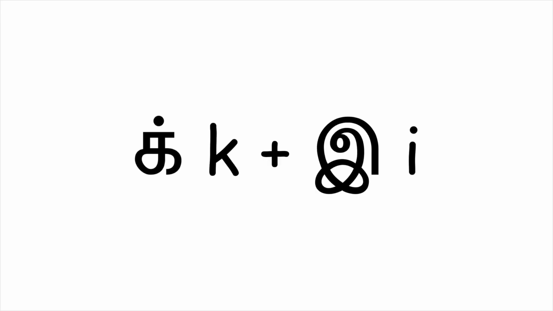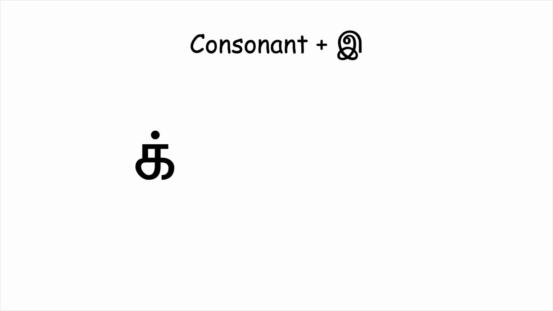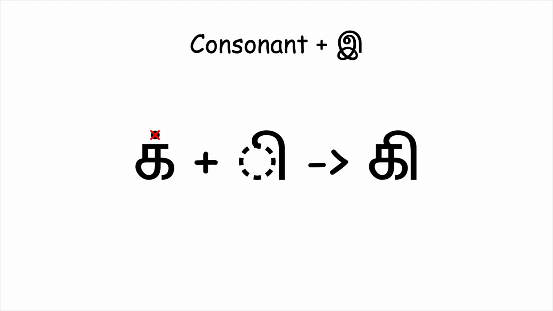This is the letter ki. It's formed from uk plus e. The pattern which applies to the consonant plus e combinations is to get rid of the dot and add this tail pattern here. So when we apply this to uk, we get ki.